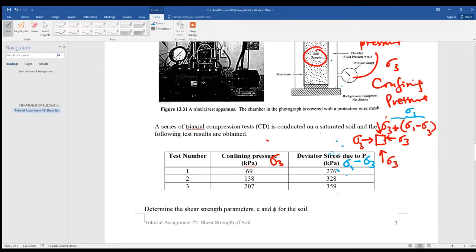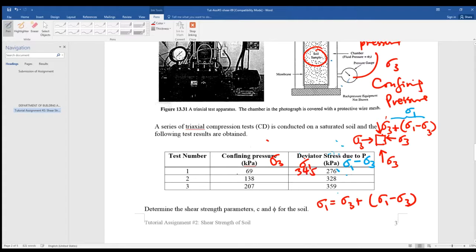Now, can you work out the total stress, sigma 1? Very easy, right? Sigma 1 equals sigma 3 plus deviator stress. So you just add up. 69 plus 276 gives you 345.